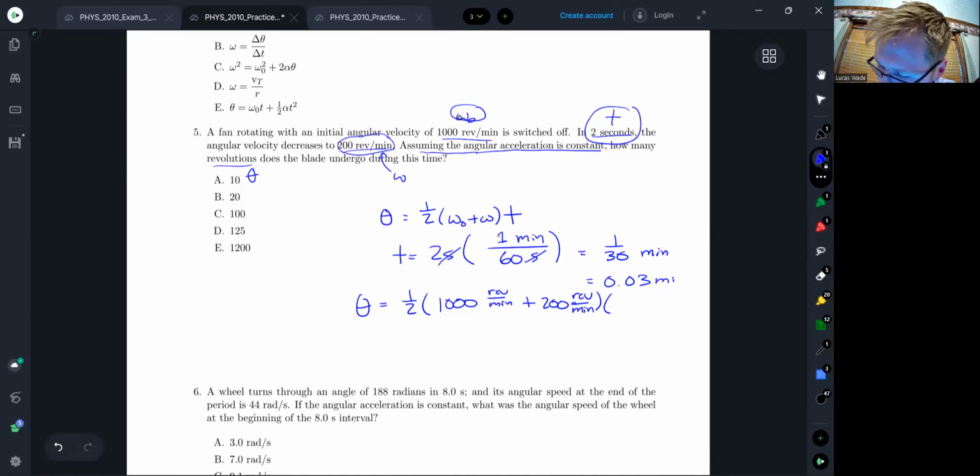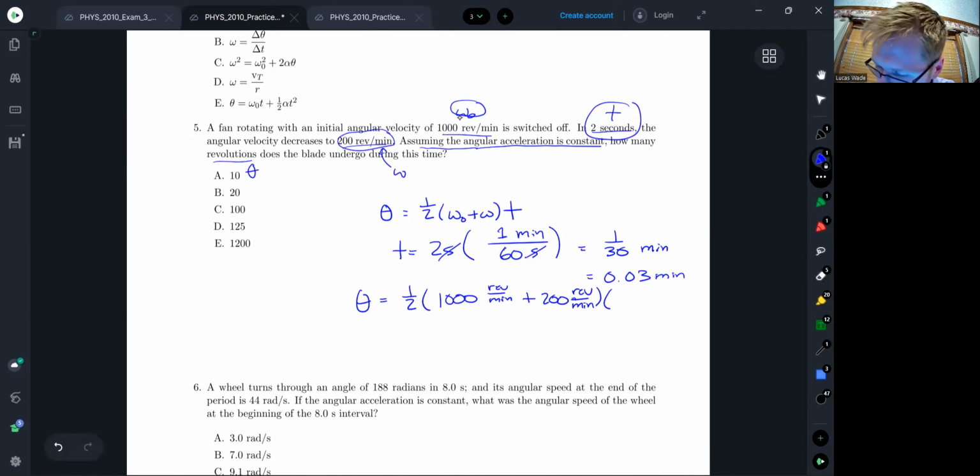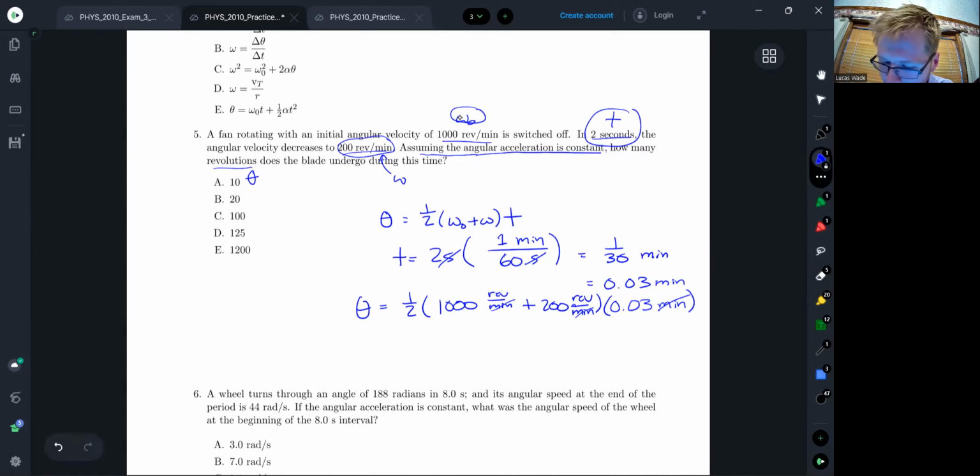That is 0.03 minutes because we converted to minutes, times 0.03 minutes. And so if this had been in seconds before, then it wouldn't cancel the minutes over here like it does now. And so we're left with, after that canceling, just units of revolutions, which is what we wanted. So we run through this, do the math. What number do we get?